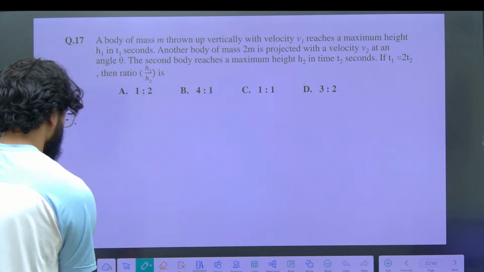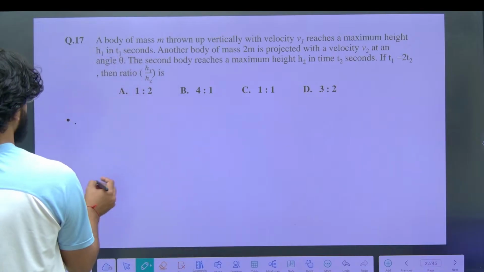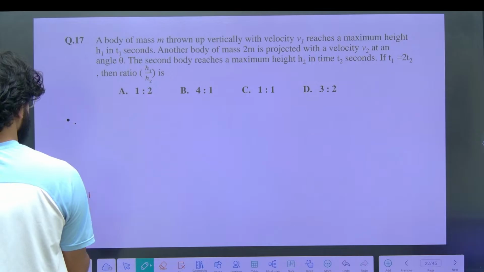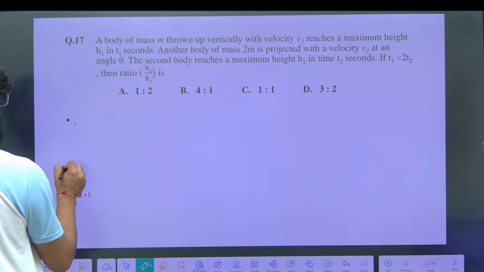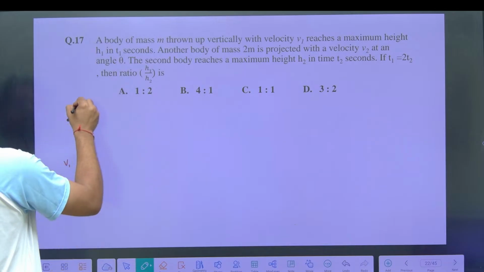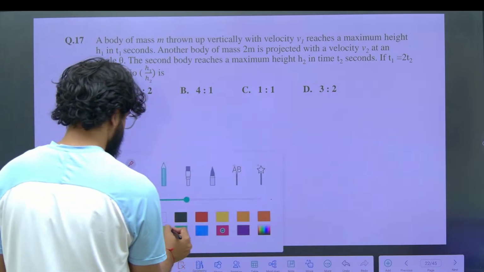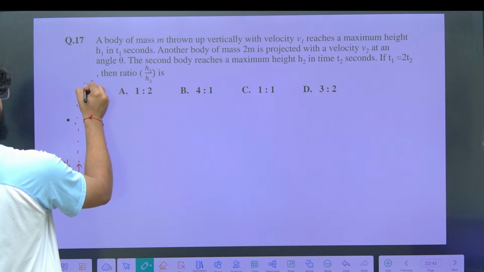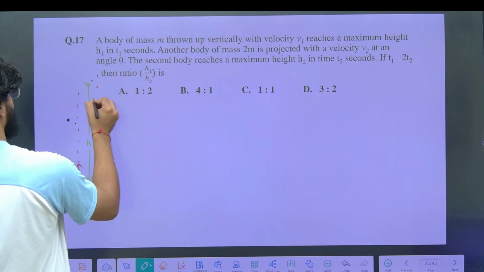So basically we have to write down, we cannot guess anything over here. So in the first case, they are saying that you are projecting this with v1. So if this is h1 and you are achieving it in time t.